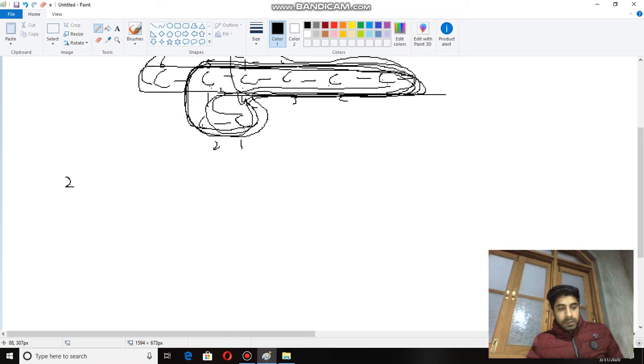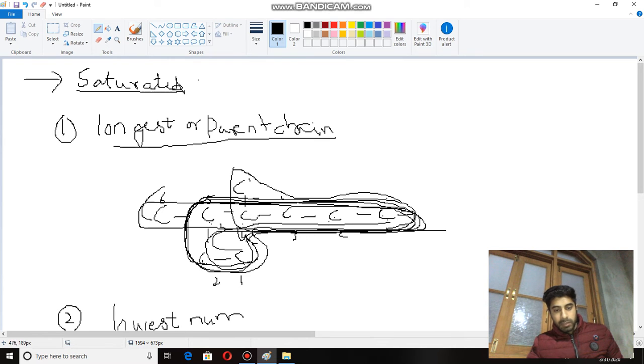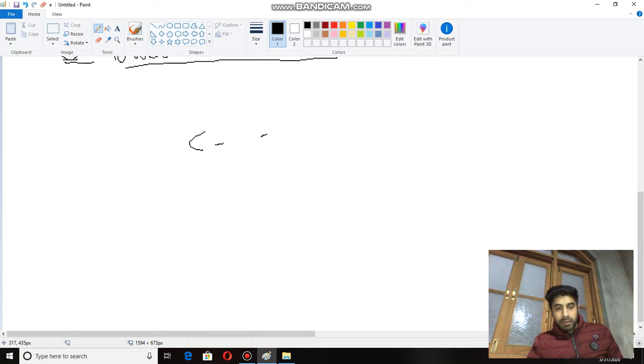So second rule is the lowest number rule. First rule was parent chain, so this was our parent chain, this one. Second rule is lowest number rule. For example, I am having a compound like this, and here I have, see, I hope it's CH2.